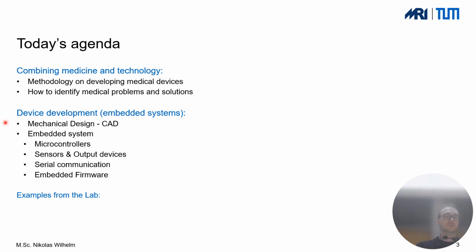Then the main part of the lecture will try to teach you some things about what is required for device development. We'll be focusing on some mechanical CAD design, just to recap a bit. Then we're going to take a closer look at embedded systems, meaning microcontrollers, and how we can do something useful with them.